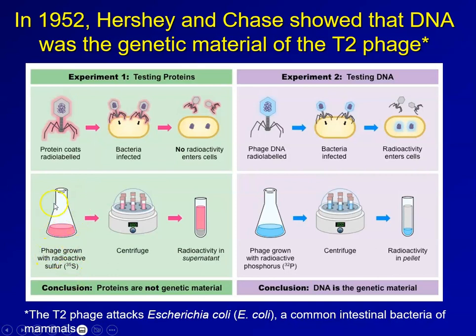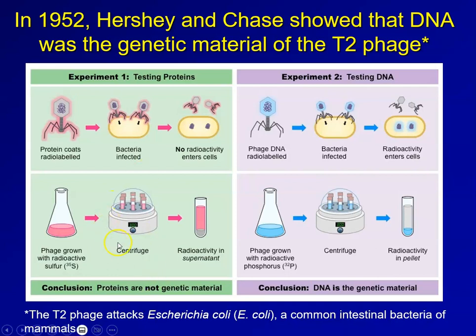They grew the culture with the radioactive sulfur. That's what they really did. This is like a zoom in of what they would look like. And then they infected the bacteria. So they added the bacteria to the virus culture. I'm not sure how long that sat, but long enough for them to know that if they were going to infect them, that they would.